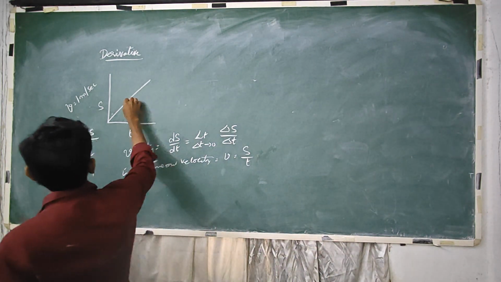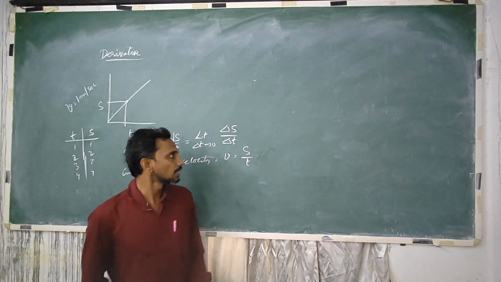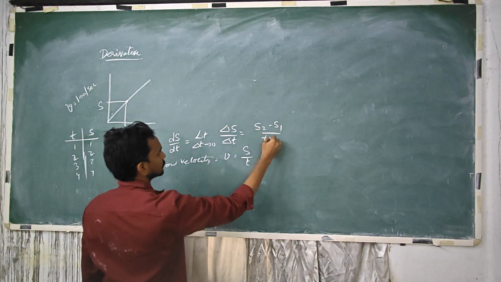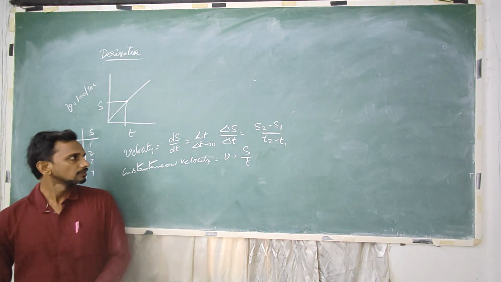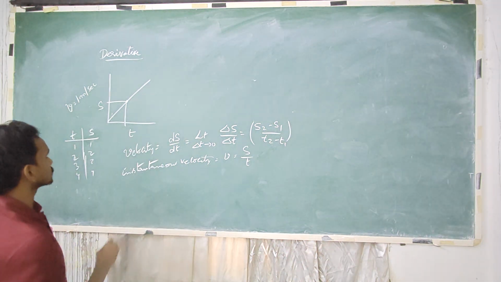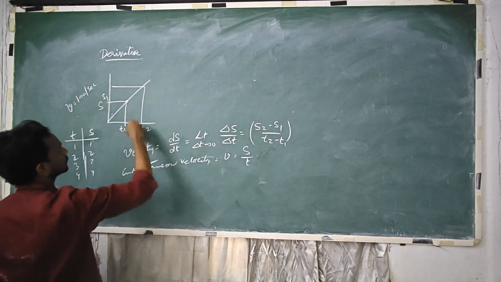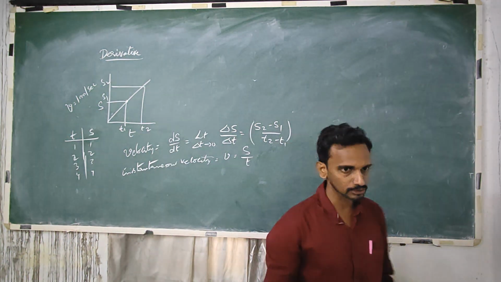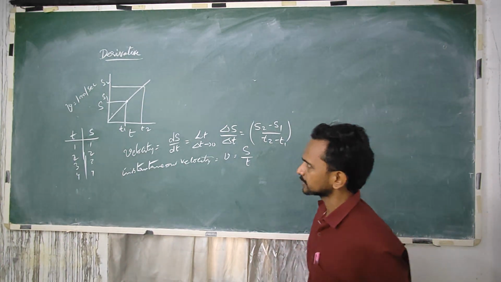Okay. So at a particular point, if you define that, you'll get instantaneous velocity. And if you take two points, s1, t1, and at a time t2, s2, the difference of those two, s2 minus s1 by t2 minus t1, will give you velocity information.